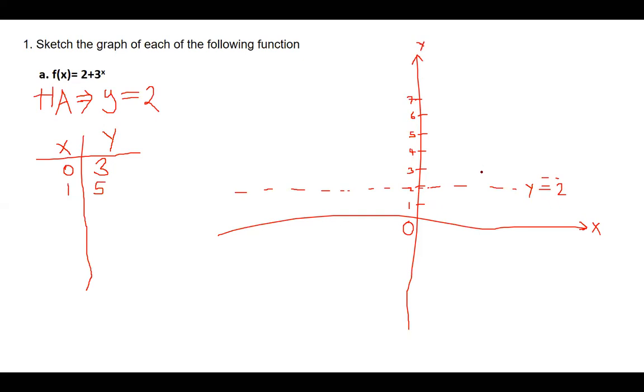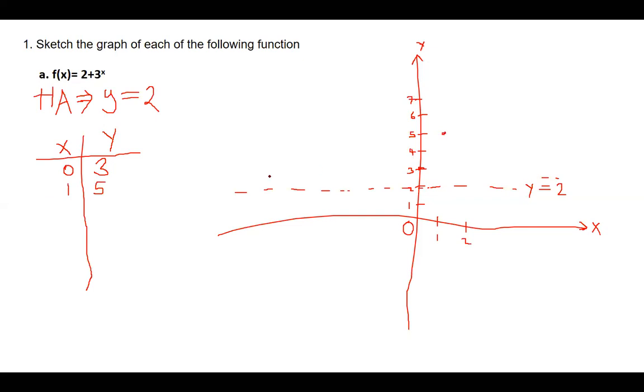From there, after drawing the horizontal asymptote, you can now plot these numbers. So we have 0, 3, which is this point there. We also have 1, 5. So it's this point.